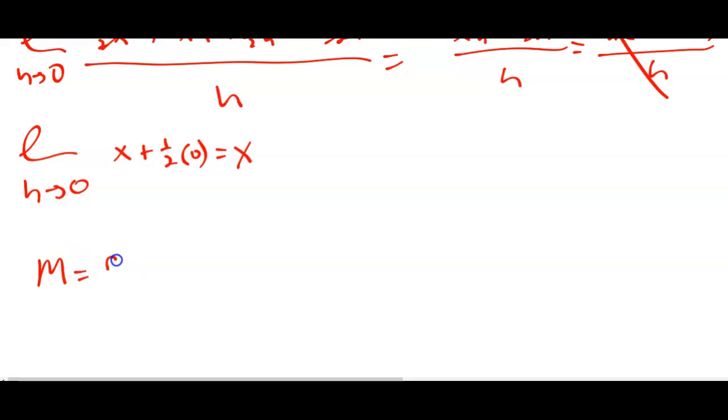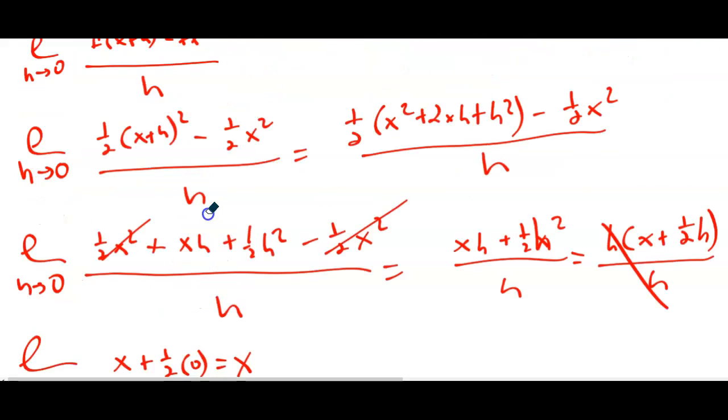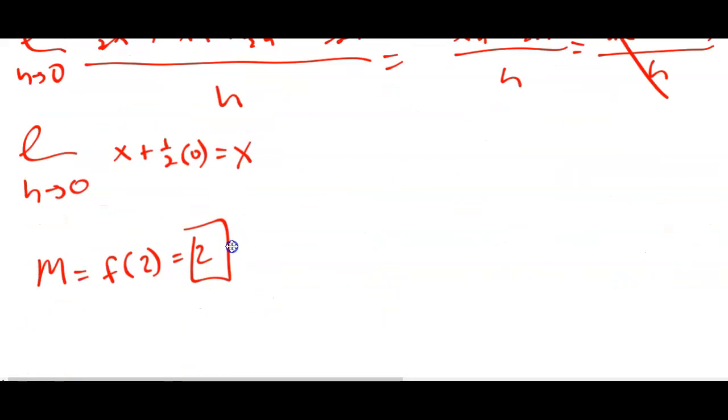So m is going to be f of 2, and we're going to plug it in right here. Alright, so f of 2 equals 2, there's m. I plug in 2. There's nothing to solve for, it's just 2. So then we use the point-slope equation, y minus y1 equals m times x minus x1. X1 was 2, sorry.